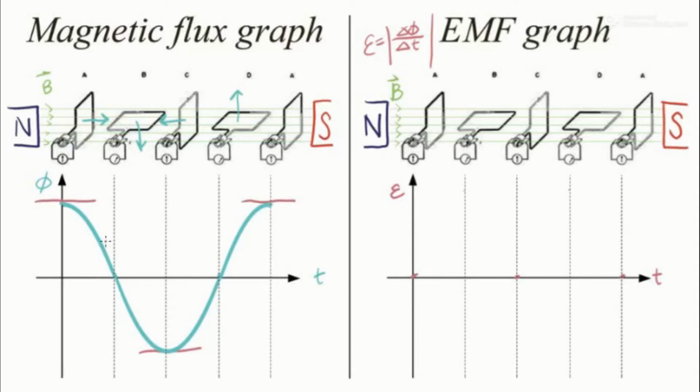And there's a maximum negative gradient here, and a maximum positive gradient here. Though it really doesn't matter if it's negative or positive, since they all end up a maximum on the EMF graph anyways. And if you notice, the DC generator is also arranged in such a way that it changes from one split ring to the other while the induced EMF is 0.